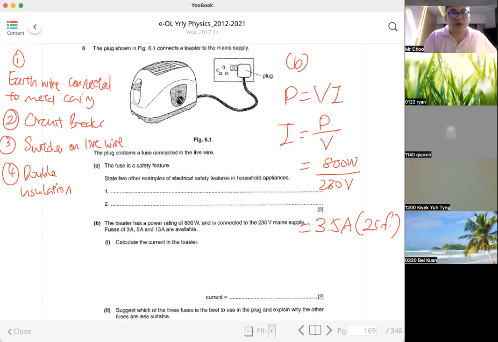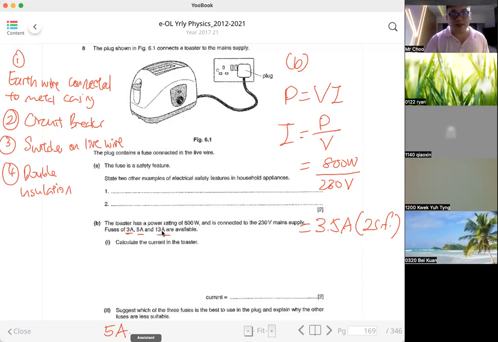Then, because your current will be operating at 3.5 ampere, there are 3 different fuses available: 3 ampere, 5 ampere, and 13 ampere fuse. So which is the most suitable fuse for this appliance? Okay, the answer will be 5 ampere.